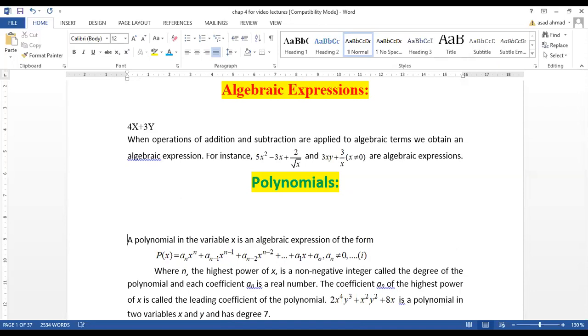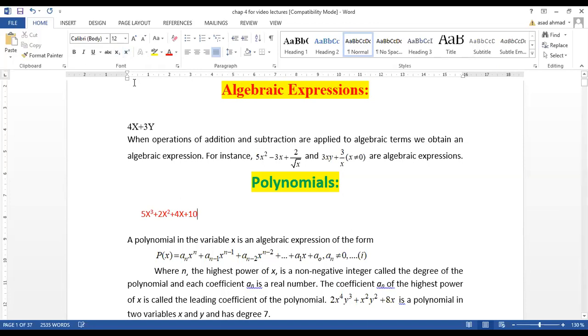So for your convenience, I would like to write a few terms like, let's suppose, 5x to power 3 plus 2x raised to power 2 then plus 4x plus 10.